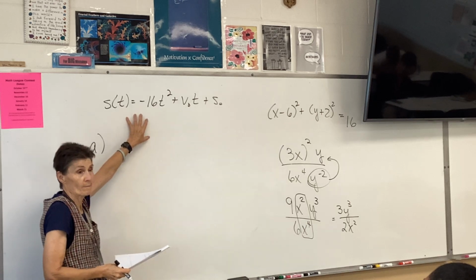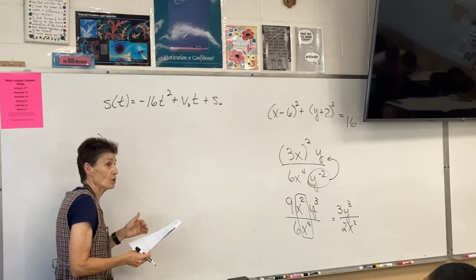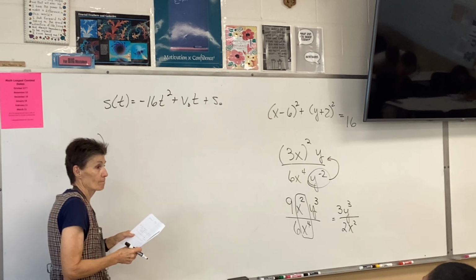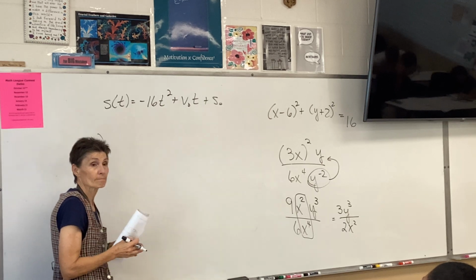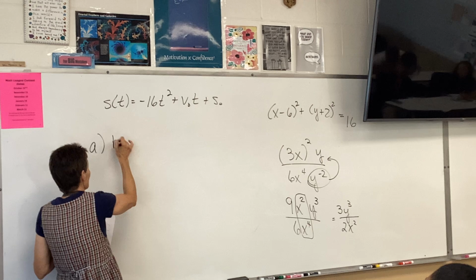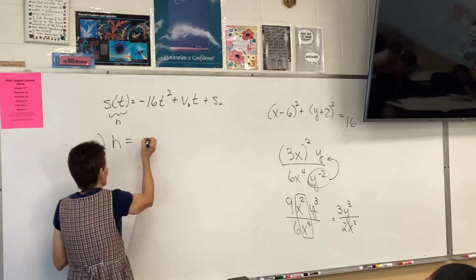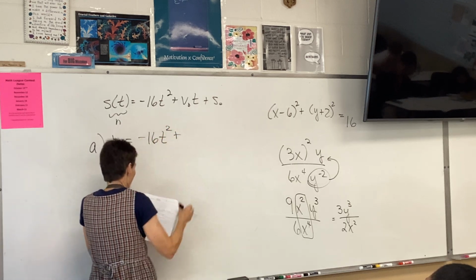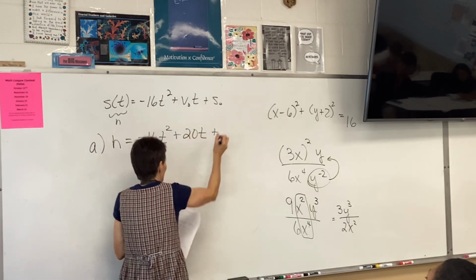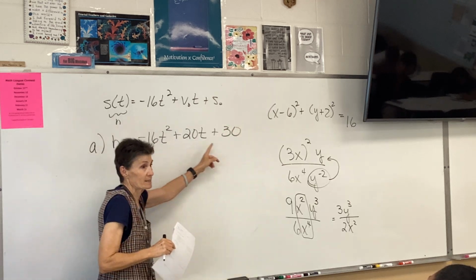So this is our general formula, but given what we've been given, what is our equation for this problem? You can either use S of t, I like to use H to remind me that that's height, but you don't have to. Negative 16t squared plus what? 20t plus what? 30.